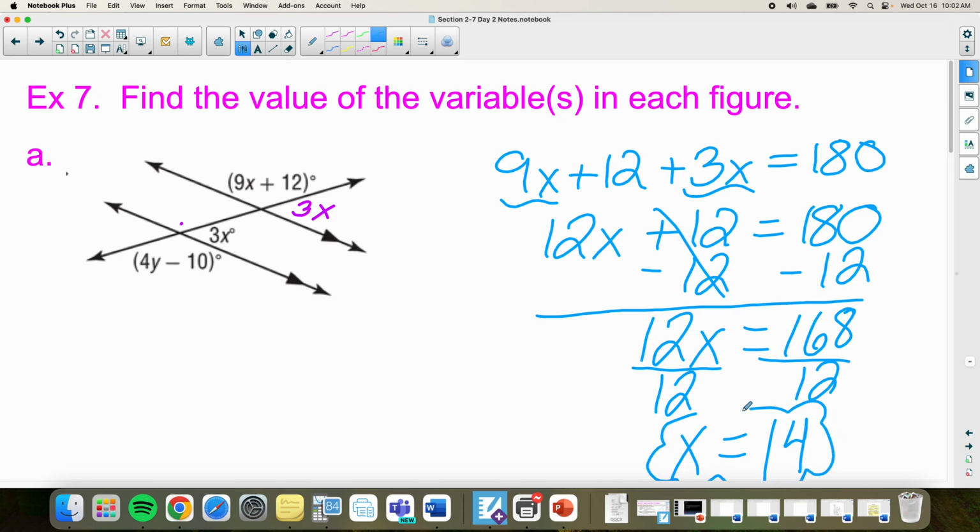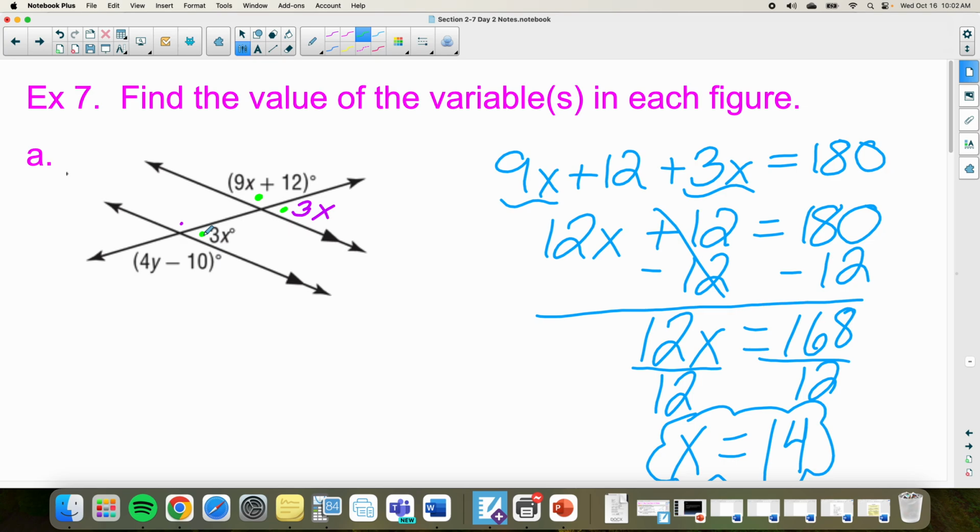Okay. Now I know what my x is, and now I need to find what my y is. I could take this 14 and put it back into this angle right here, this angle right here, or this angle right there, and find that angle, and then do some type of relationship between the two.